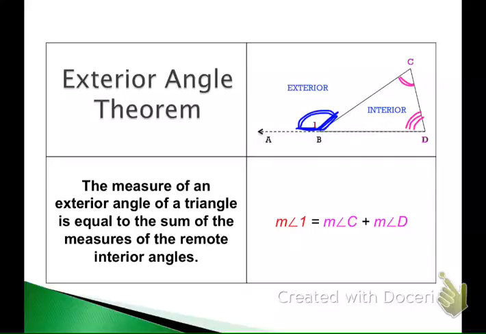Okay, so all it's saying is angle 1 adds up to the same amount as these two put together, C and D, because they're the remote interior ones, okay?